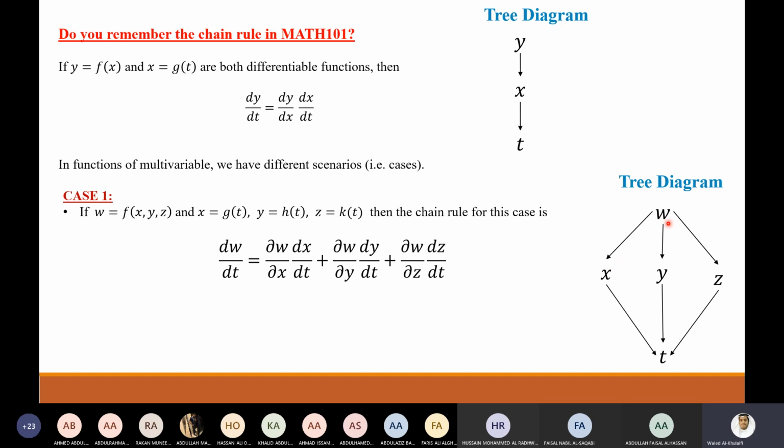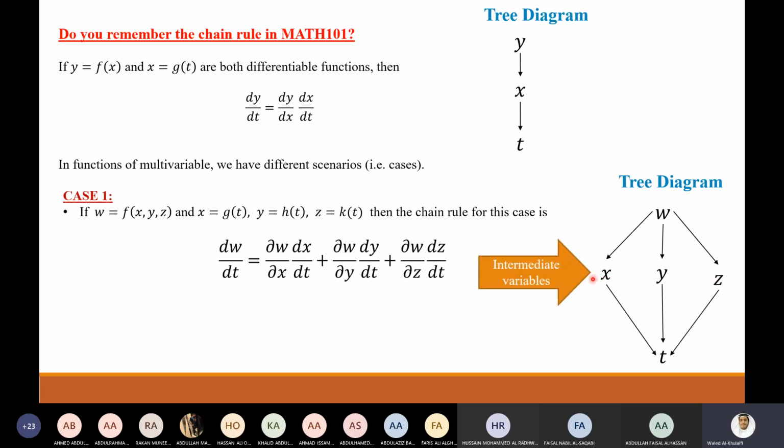So for this arrow, we're gonna write partial w by partial x, and then times dx by dt, because this is a derivative with respect to one variable. And then you say plus the other arrow, partial w by partial y times dy by dt, plus partial w by partial z times dz by dt. So we have it this way here.